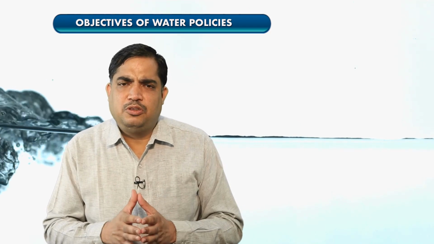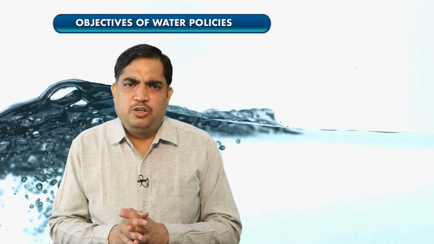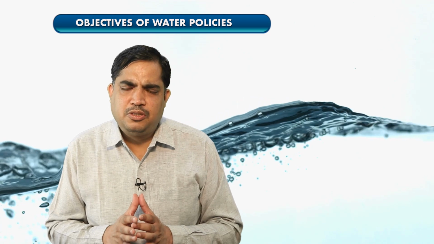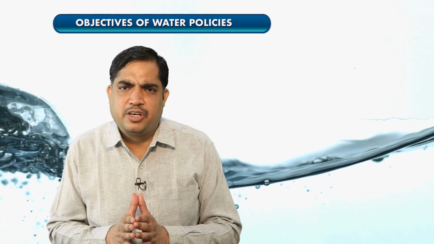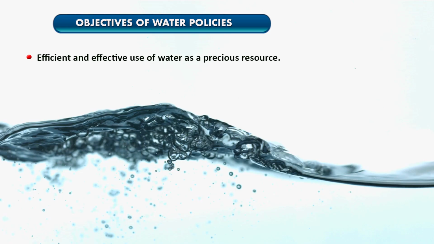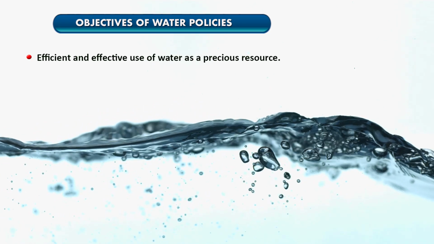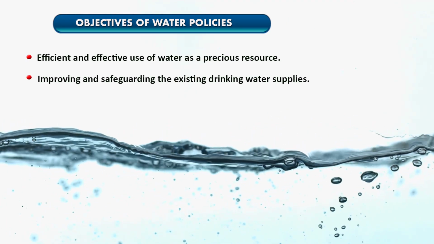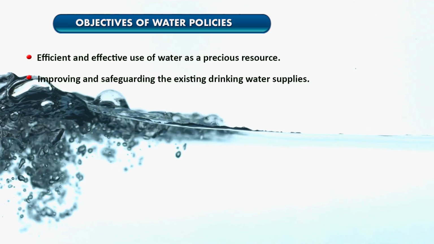We have different water policies in the country, and basically all the water policies revolve around certain objectives. Most of the policies have some common objectives: to have efficient and effective use of water, because water is a precious resource, and to improve and safeguard the existing drinking water supply.